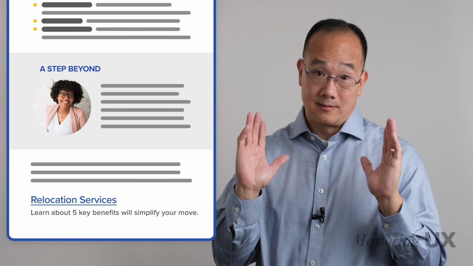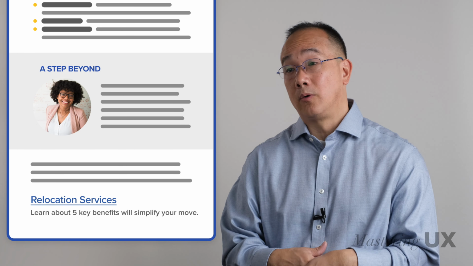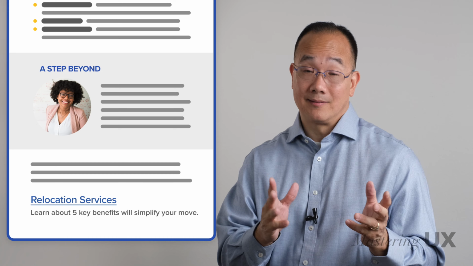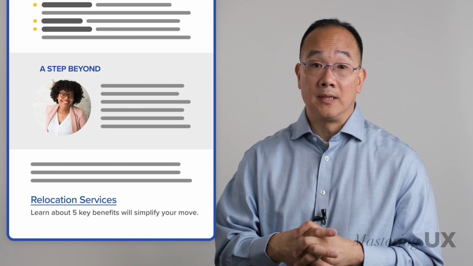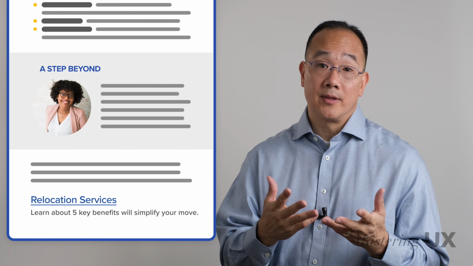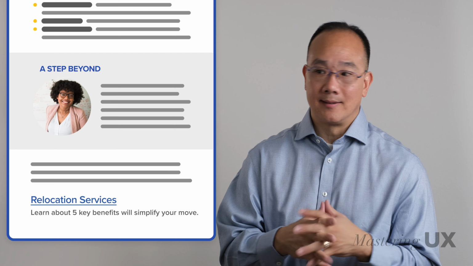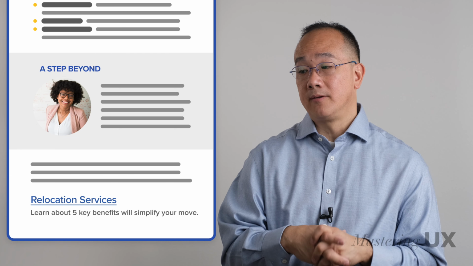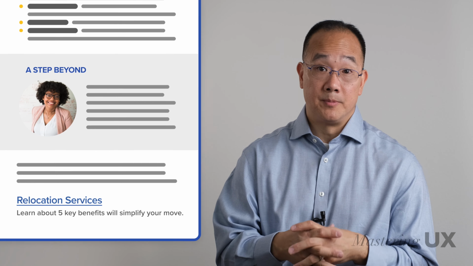Frame the link as relocation services, or find out about X, or get Z. Form a link like this, and then tell them what they're going to find when they click on that link. In this case, it says, learn about 5 benefits that will simplify your move to another state, whatever it would be.